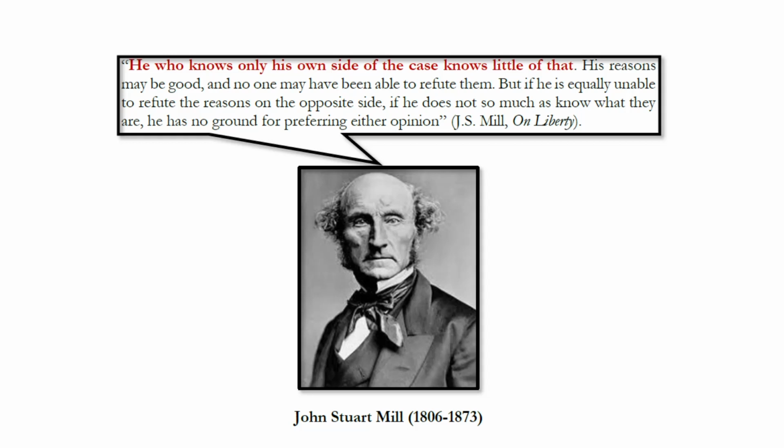Notably, the point Mill was making here is not that freedom of speech is good because it can result in us being shown that our beliefs are incorrect when we encounter the opinions and arguments of our ideological opponents. Although this is part of Mill's case for freedom of speech, because Mill sees freedom of speech as essential for finding the truth, in this particular passage, Mill is actually making a different point.